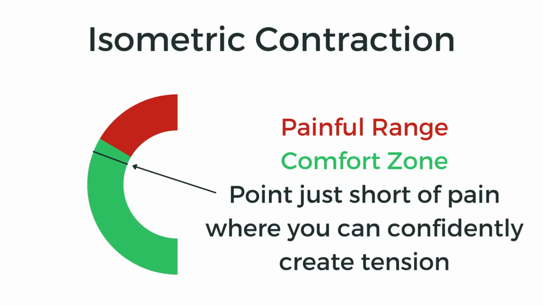So what do I do? I go to 85 degrees or whatever, whatever point is pain-free. So maybe 85 degrees, and there's no pain. It feels perfectly fine. And I begin to contract up into that position as if I'm trying to get to 90 degrees, but I'm blocking myself. I'm contracting into resistance. And I'm in a position that feels safe, that doesn't create pain. And I'm building this tension, building this sensory information.